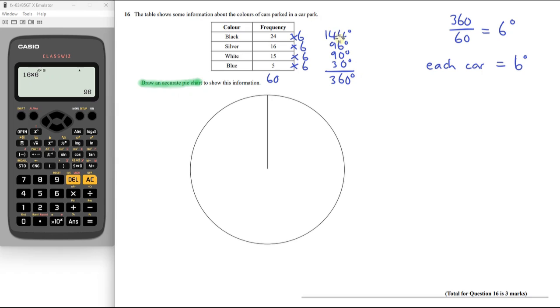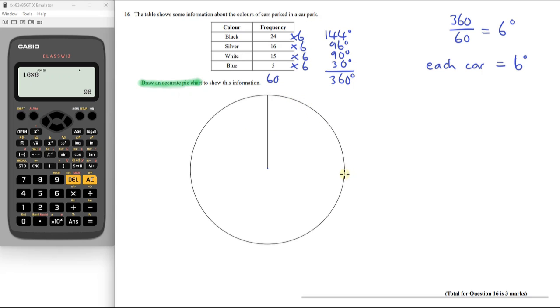So now we have the number of degrees for each car. We can measure that. So we put our 0 along this line. Make sure you're reading off the right scale because there are 2 scales on a protractor. So I'm trying to line this up as best as I can. So what are we measuring? 144.